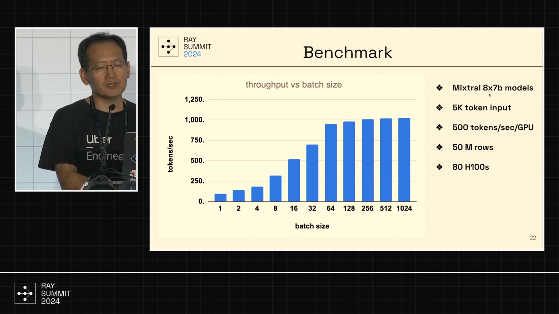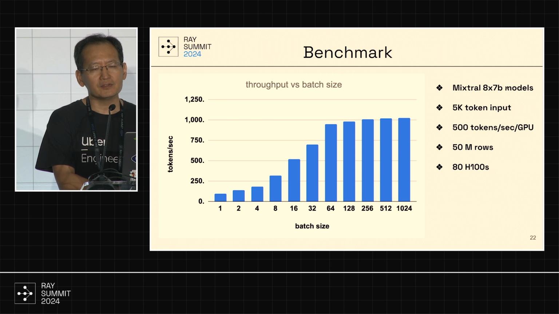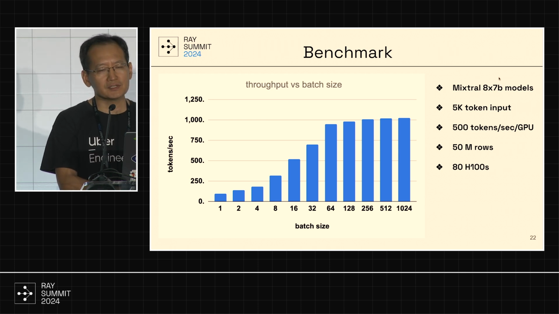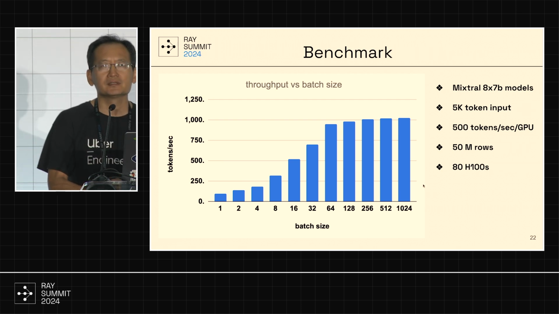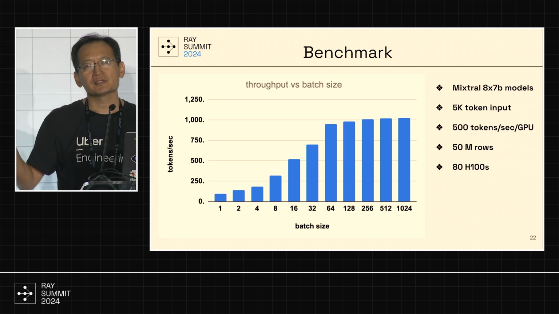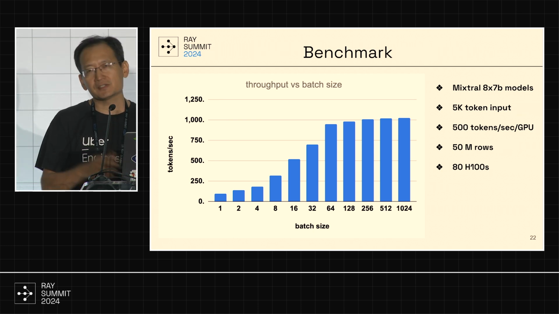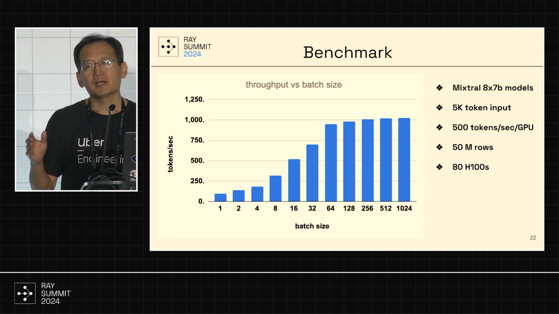Because for the mixture model, this size is what we often use for fine-tuning. For this one, we don't see a problem. But if you go to, for example, Llama 3, they have a pretty long context window. So with a longer batch, you may not have enough memory to handle it, so you probably have to tune your batch size down.